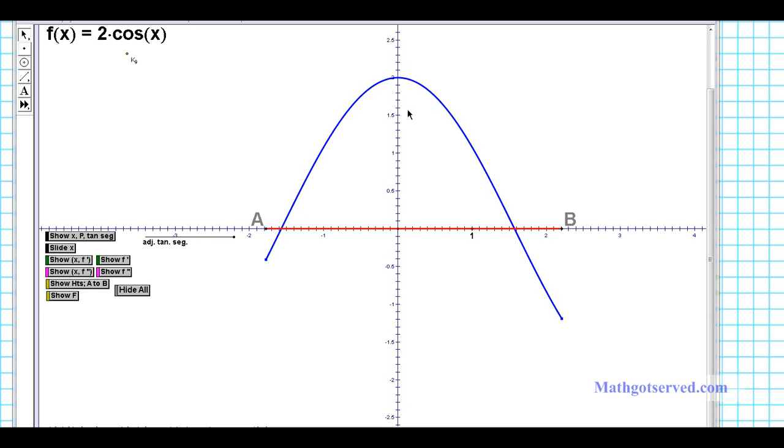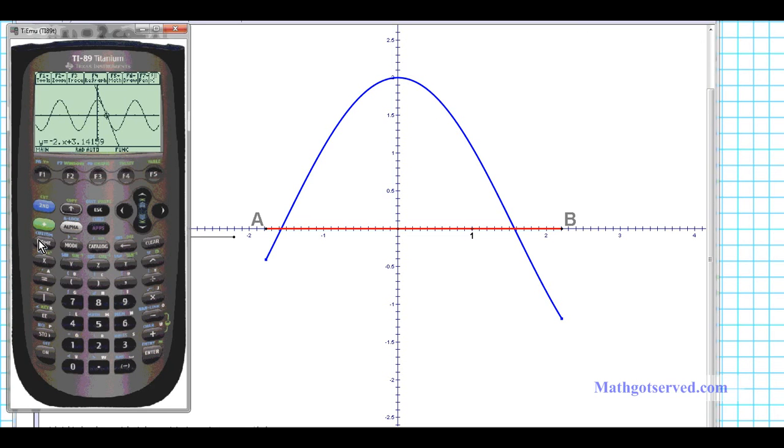This is just a piece of the 2 cosine x function, okay? Remember that pi over 2, because this program does everything using decimals, in decimal form is 1.57. So somewhere here is where we'll be looking, okay?